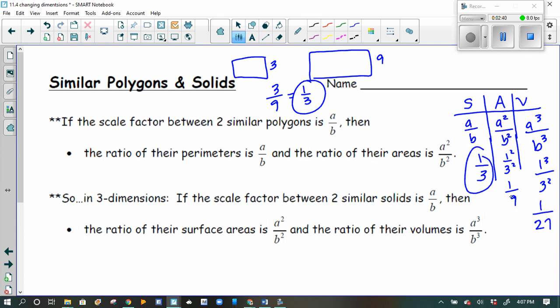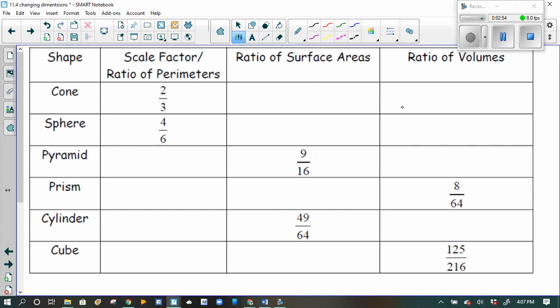So these three numbers right here are your scale factors for finding the areas, volumes, and perimeters of figures if you only know minimal information, okay? So here's that table I was telling you. Here's your S column, your A column, and your V column.